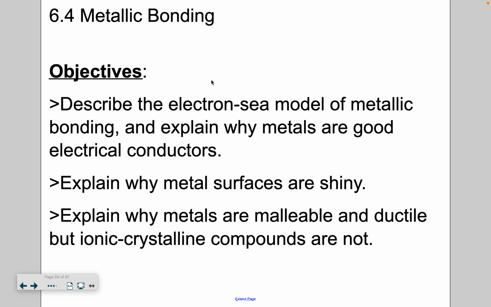In molecular compounds, those valence electrons are localized in electron pair bonds between neutral atoms. They're being shared equally. But here, they are not held in place, especially unlike in ionic compounds where they are bound. So let's get to it.